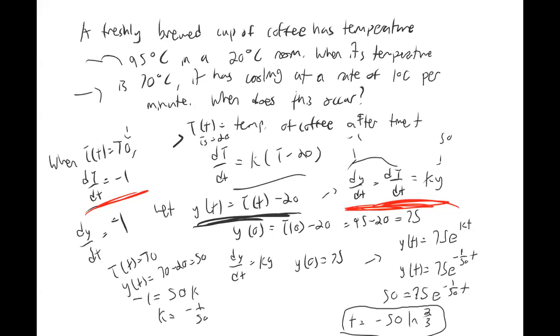All this information is for you to find k, and when you find k, you can find y, and when you know y, you know T by this relation. That should solve all your homework questions except related rates and differentials, which I'll go over next time.